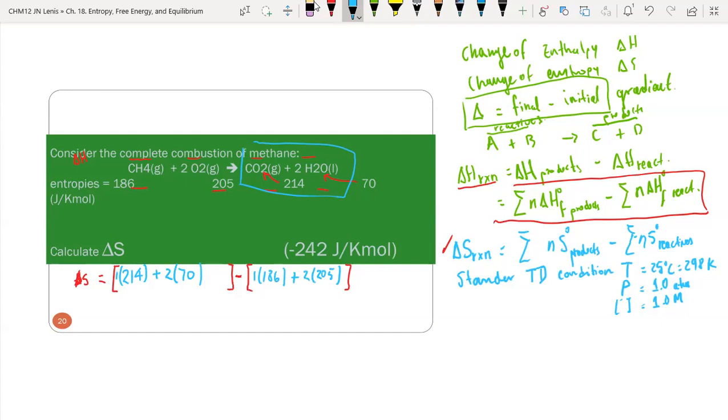And that's it. I normally don't write 1, just showing you here so you make the relationship there. So you do the addition and subtraction and you should get negative 242 joules per Kelvin mole.